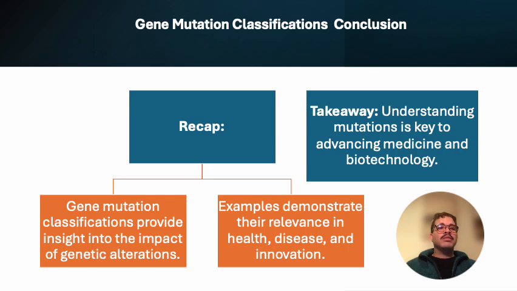And lastly, the one thing that everybody should take away from these classifications is that without them, we don't have a frame of reference to look back on and understand why these mutations happen, how they affect the host, and what course of action we can take when regulating these mutations.